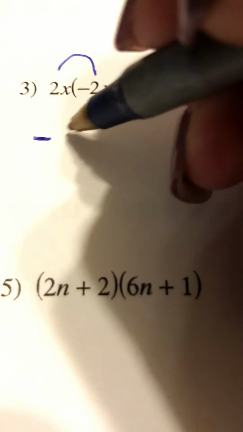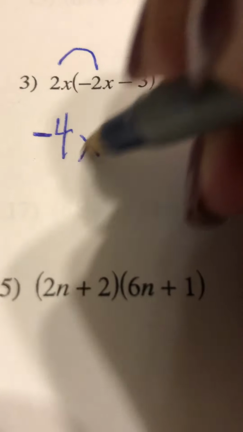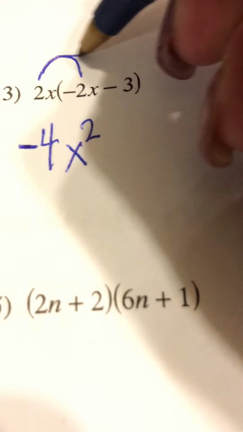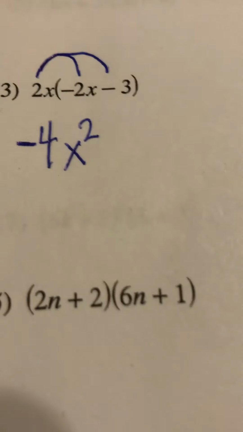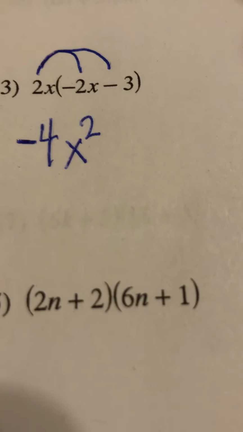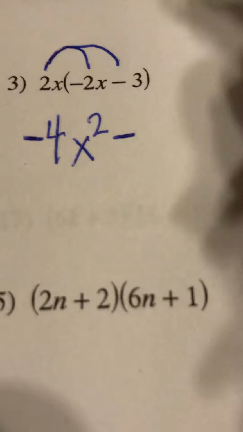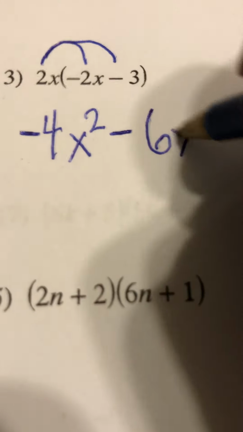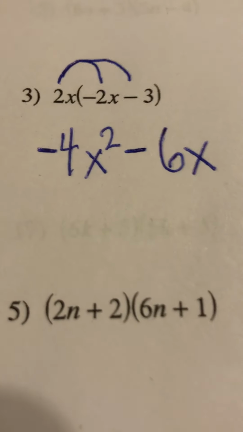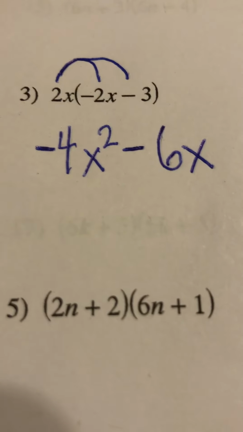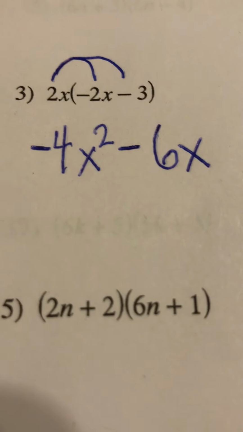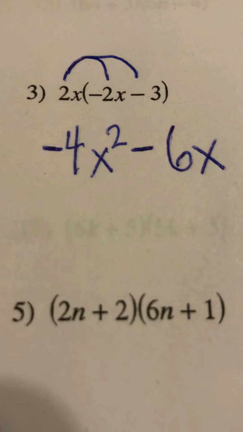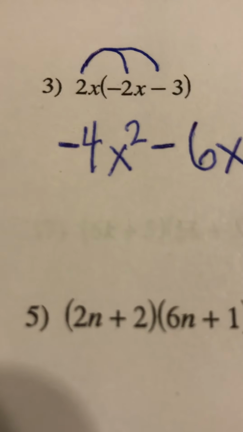The 2 times 2 is going to give me a 4, and then x times x is going to give me x squared. Then I'm going to multiply 2x times negative 3. I would have a negative because it's a positive times a negative, and then 2x times 3 would just give me 6x. Distributive property, make sure you distribute all the way. Make sure that you pay attention to the exponents. Make sure that you pay attention to the signs.